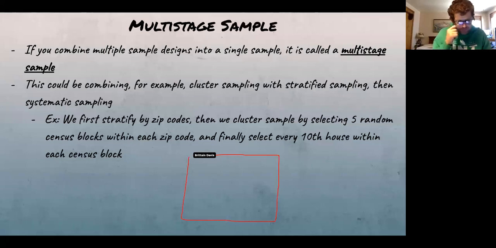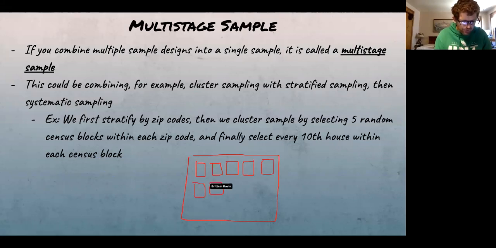Then I cluster sample. I'm going to assume that within the zip code, all of the census blocks are the same. And the census block itself is literally like a block on the map. Maybe not always a rectangle, but it's a block. And we can imagine that every one of these blocks is going to be fairly representative of this zip code.